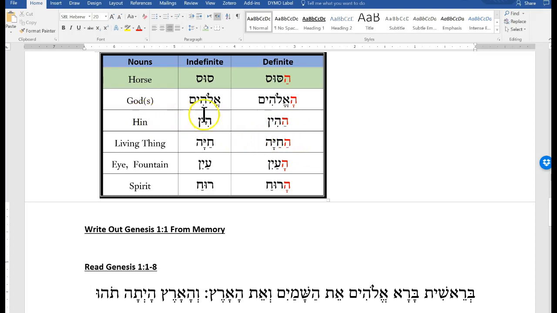So hen is a measure, a unit of measure. The hen, no doubling dagesh. Living thing, haya, ha haya, no doubling dagesh. So with the H sounds in the gutturals, no doubling dagesh. Ein, no doubling dagesh, but you do have a compensatory lengthening.